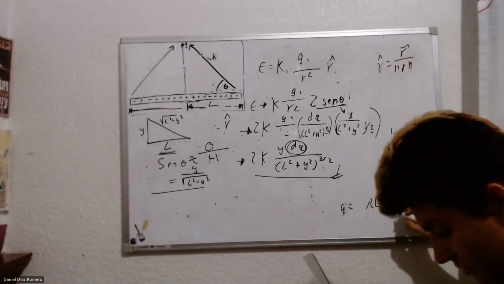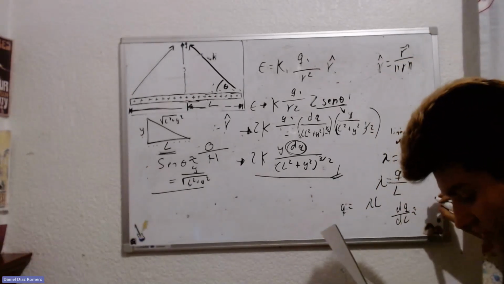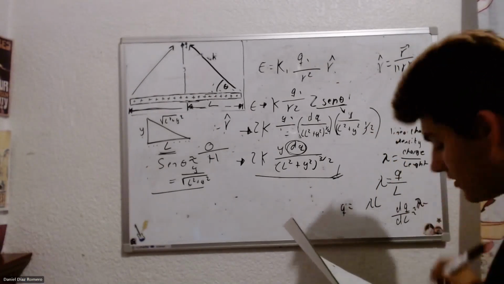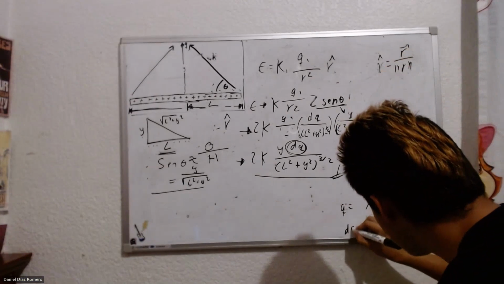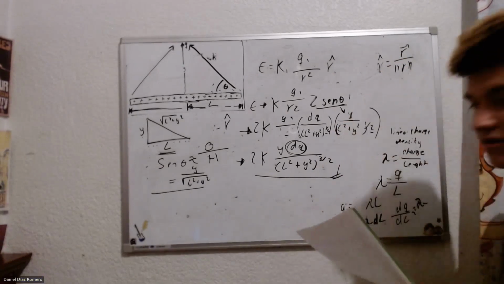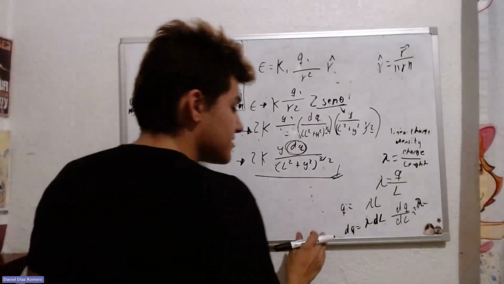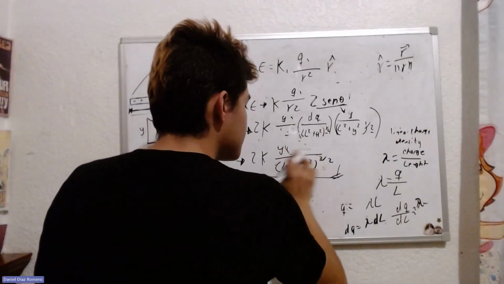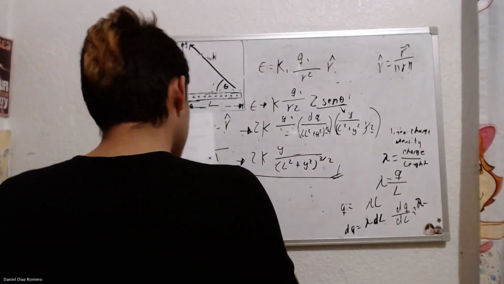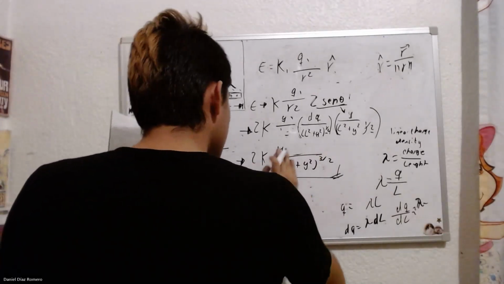Therefore, the derivative of Q and the derivative of L can also be transcribed as lambda, which also means that dq is equal to lambda multiplying the derivative of L. So we can transcribe this function as y... yeah, that's right.